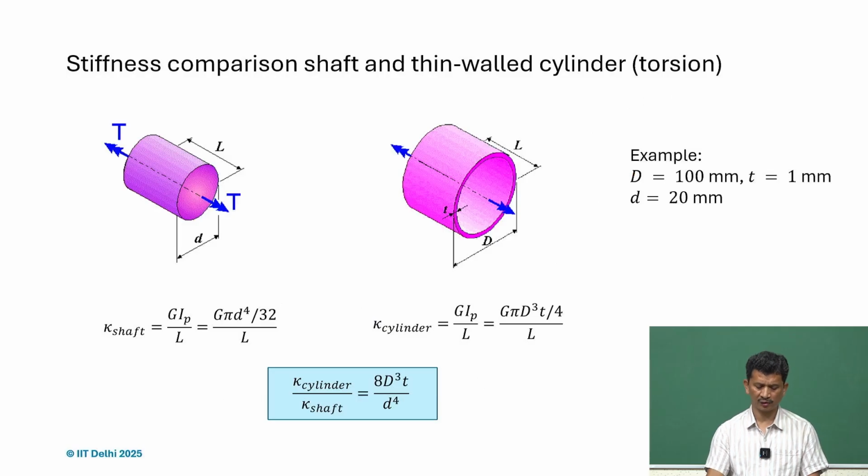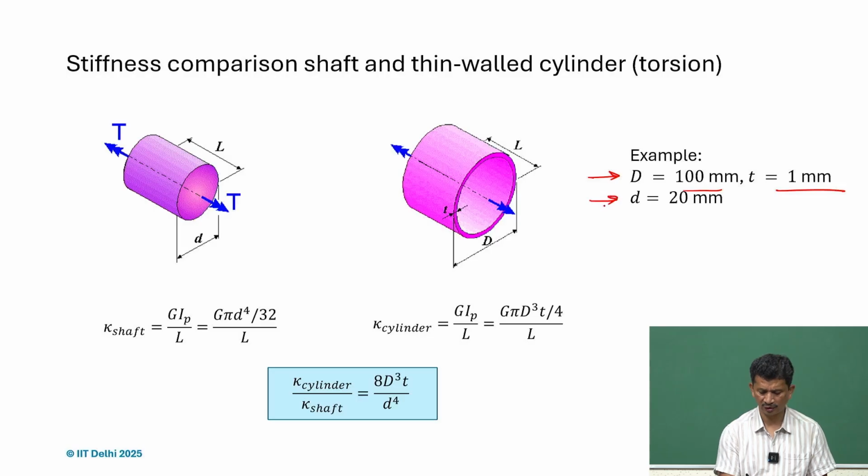We will take one example. For instance, if we just take a thin wall cylinder with the capital D 100 millimeter and the small t, the thickness, 1 millimeter, and on the other hand, if we take a solid shaft with the diameter 20 millimeter only, what happens?